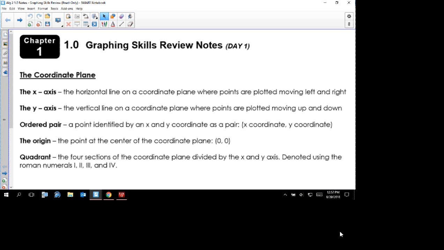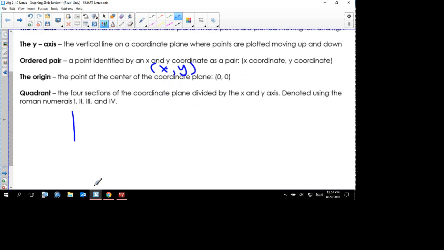An ordered pair is a point defined by x and y coordinates, like x, comma, y. And if the ordered pair is 0, 0, we call that the origin. And then quadrant, that's where we take the 4 spaces.